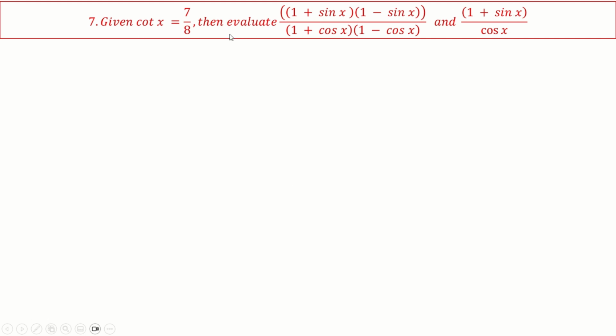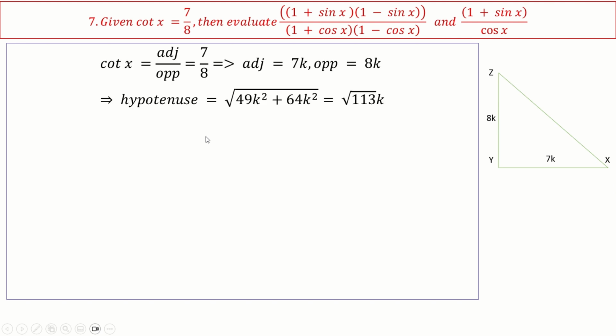For all such problems, first construct the right angle triangle. Since cot x is given, x is here. So adjacent is 7k and opposite is 8k. Find the hypotenuse using Pythagoras theorem, which is square root of 113k. Now you know these values. Simplify this first. This is 1 plus sin x into 1 minus sin x over 1 plus cos x into 1 minus cos x.